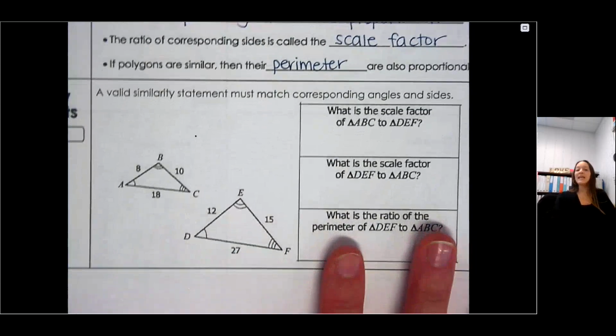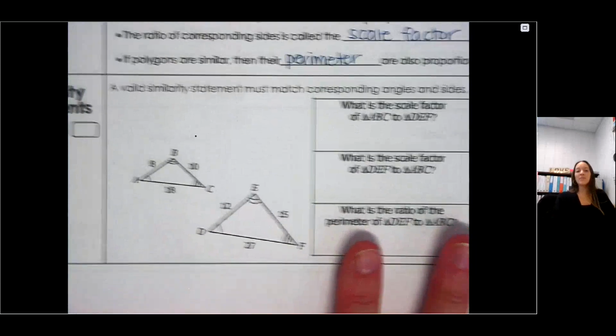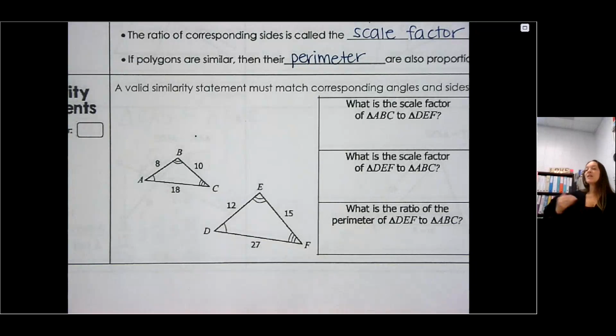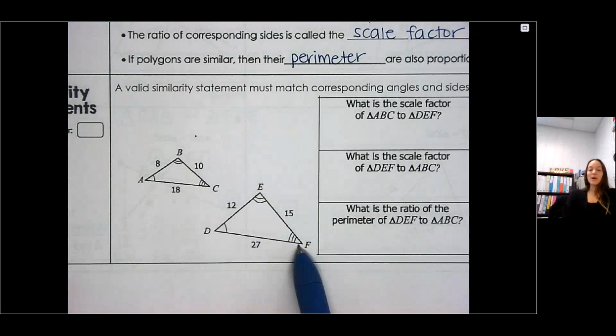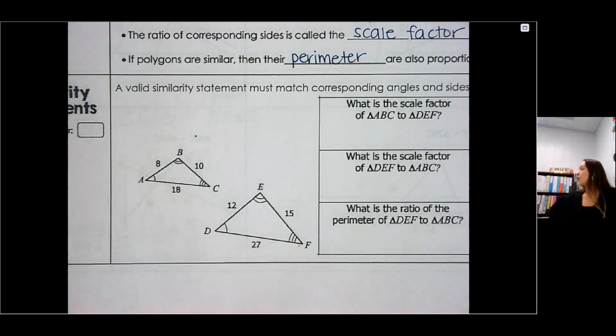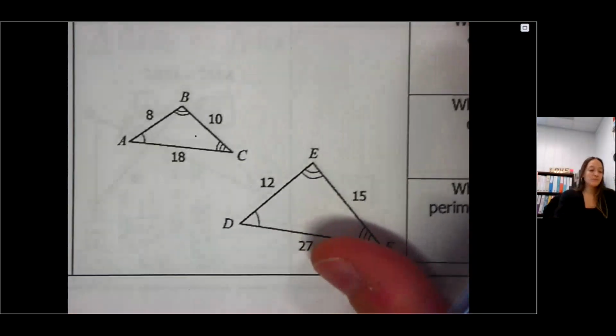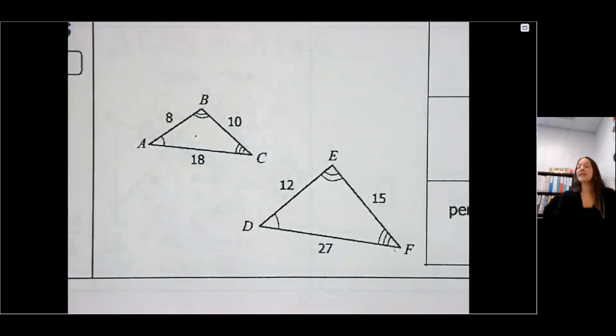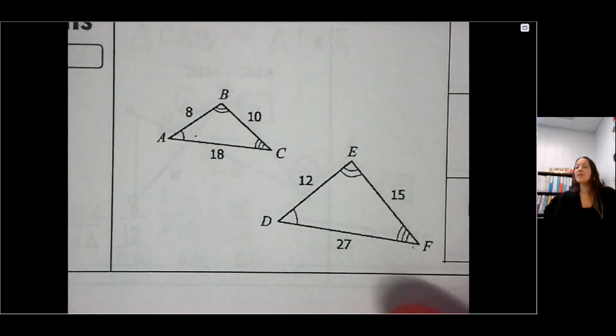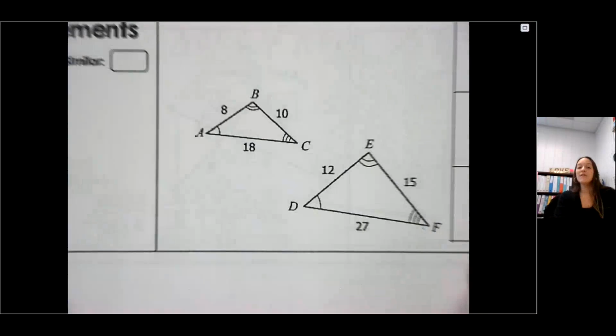All right. If you look at these two triangles here, you will notice they are similar, meaning they have the same angle measures, which are marked, but obviously one of them is larger than the other, right? One's been dilated or made larger than the other one has been. So we're going to check and see if these are similar triangles by looking at their scale factors.